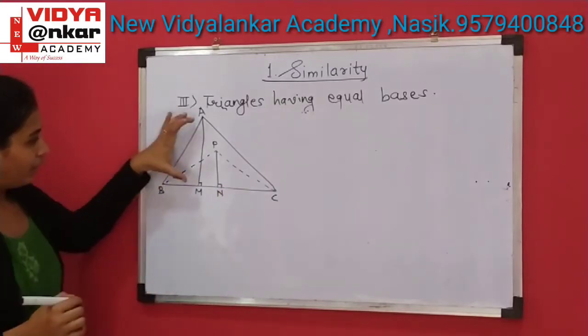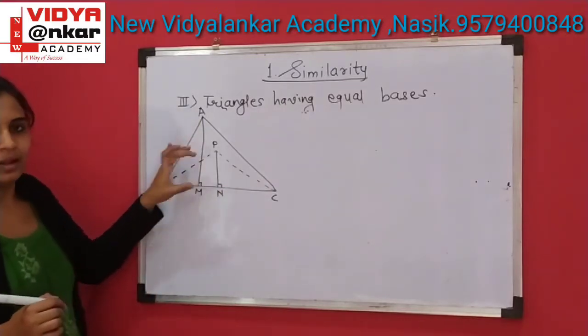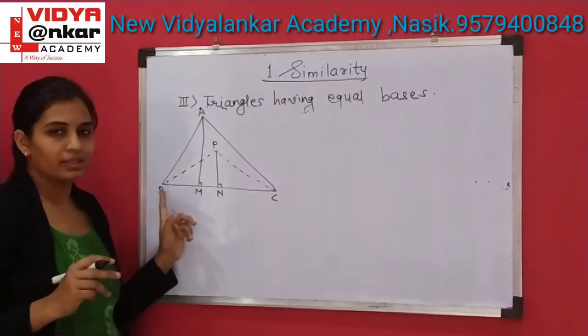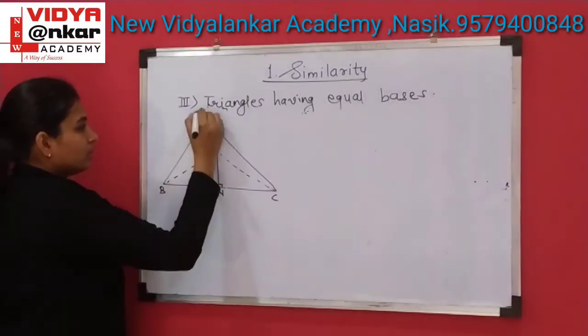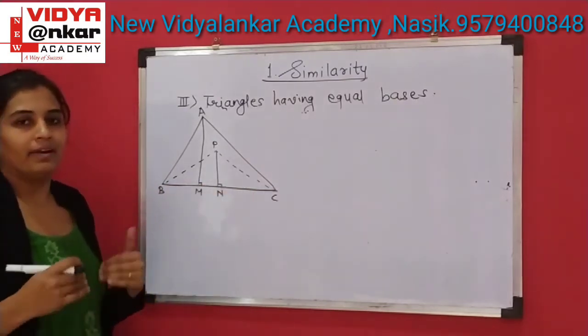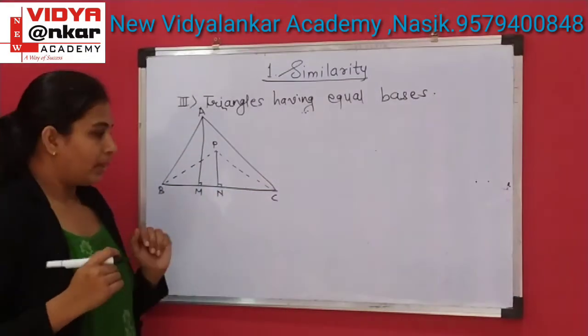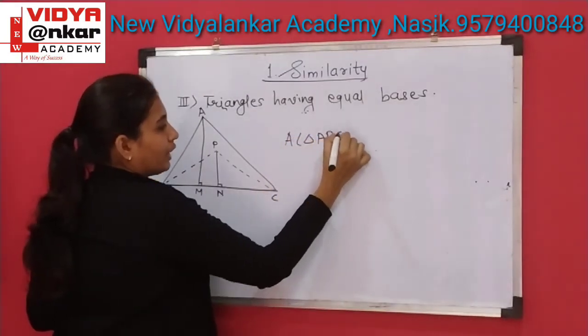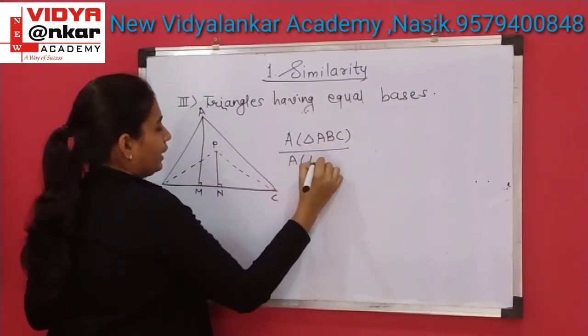Now AM and PN are the two corresponding heights of these two triangles, but both triangles have this side common and we can take it as the base.